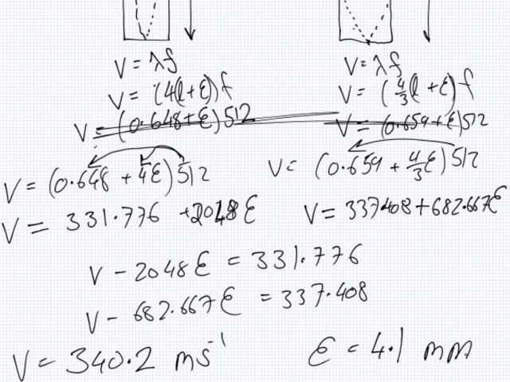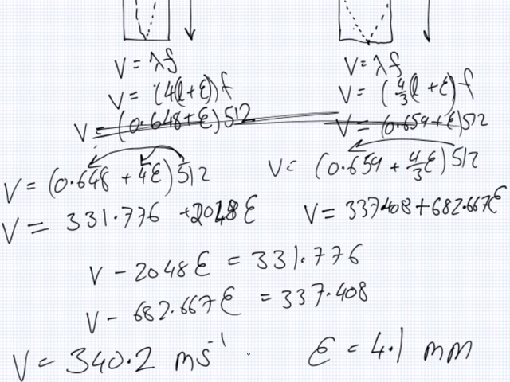And how many marks was this? Finding the V, it's 4, and the E is 2. So 6 marks? Okay, but it's hard. What question is it?